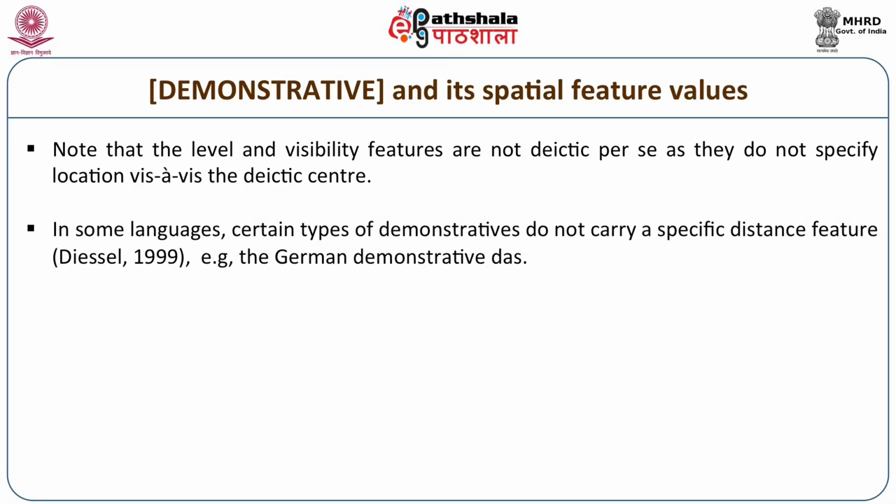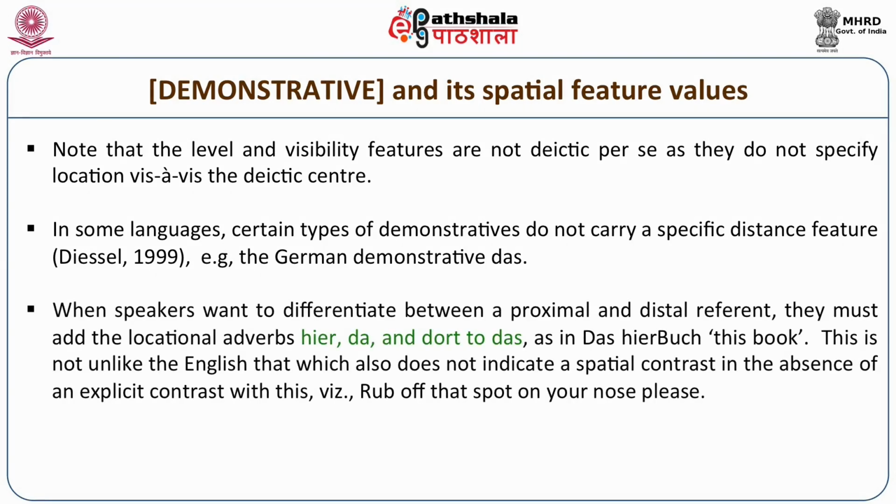Diessel also notes that in many languages there are certain types of demonstratives that do not carry a specific distance feature. The German demonstrative das is putatively one of them. When the speakers want to differentiate between a proximal and distal referent, they must add the locational adverbs hier, da, etc. to das.